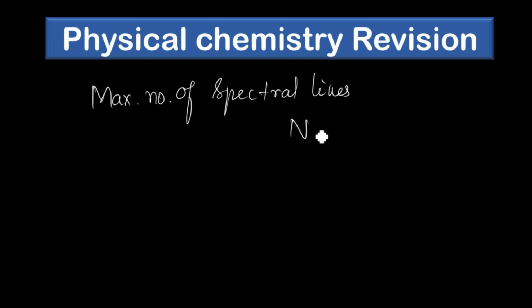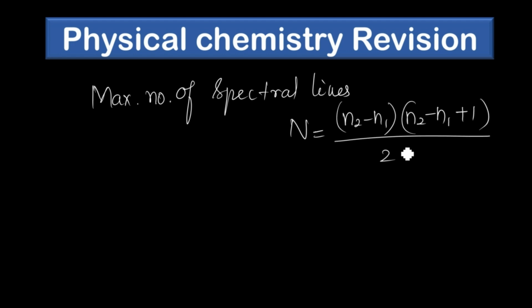So in that case, n is equal to n2 minus n1, n2 minus n1 plus 1 divided by 2. So maximum number of spectral lines for Lyman series, the lines for any series, that is n2 minus n1 only.